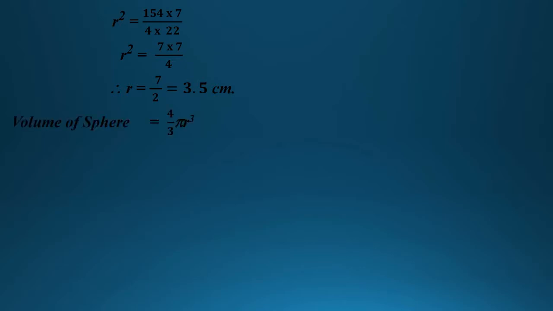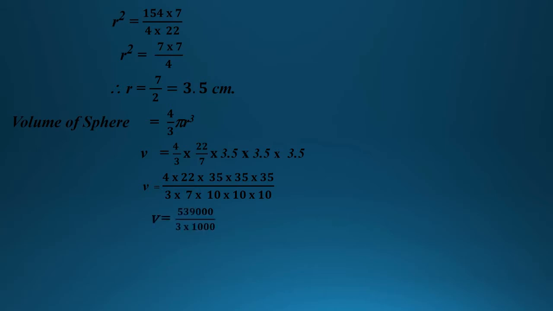Now, volume of the sphere is equal to 4 by 3 pi r cube. Therefore, volume is equal to 4 by 3 into 22 by 7 into 3.5 multiplied by 3.5 multiplied by 3.5. Therefore, V is equal to 4 multiplied by 22 multiplied by 35 upon 10 into 35 upon 10 into 35 upon 10 multiplied by 3 into 7.